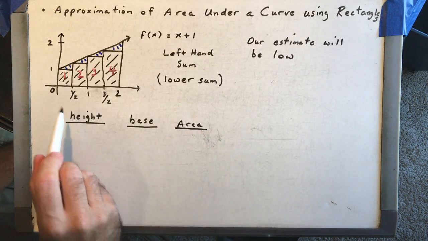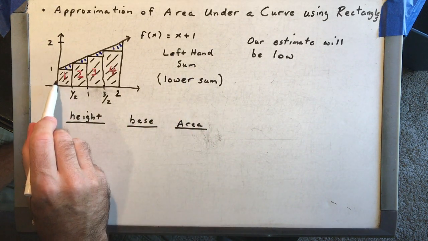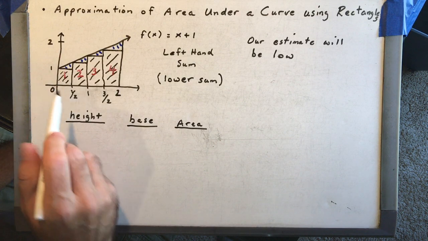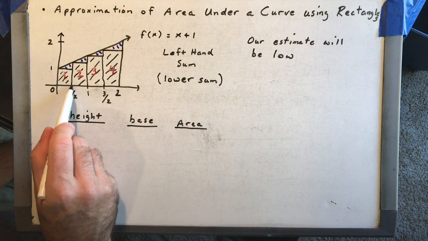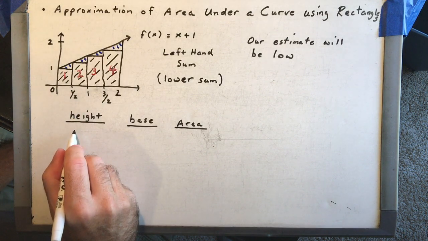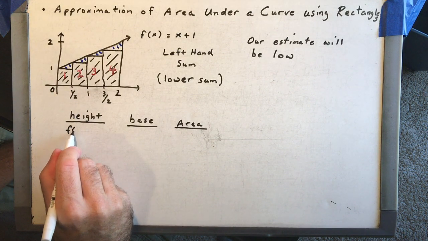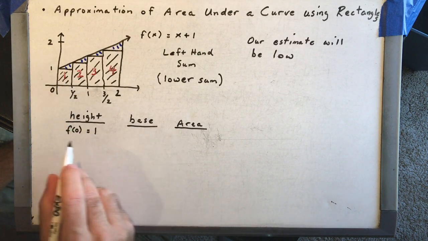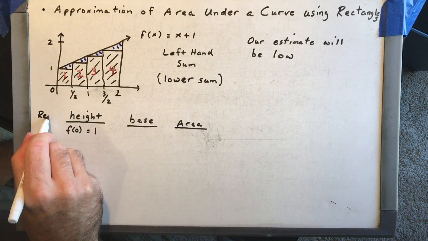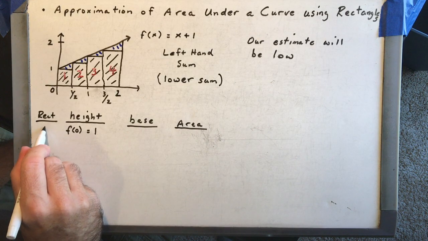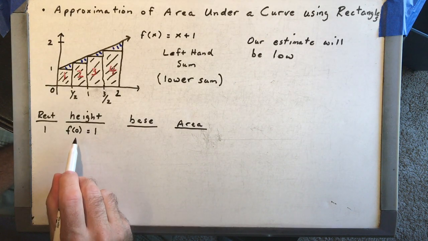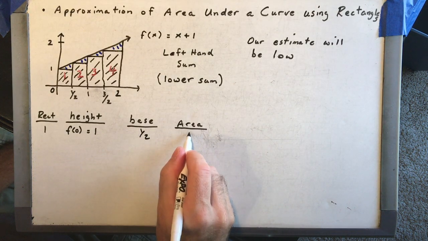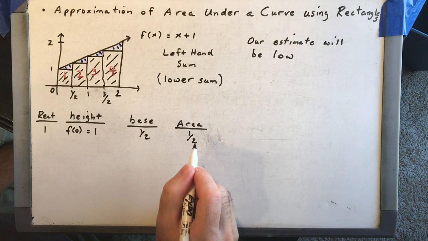Now when you do a left-hand sum, for the x value, you take the left side of the rectangle. So our height is going to be f of 0, which is 1. That's rectangle 1. Height is 1, base is 1/2, so the area is 1/2.